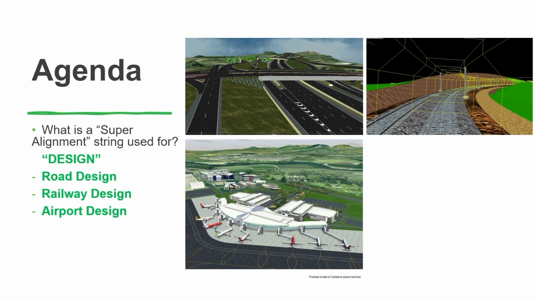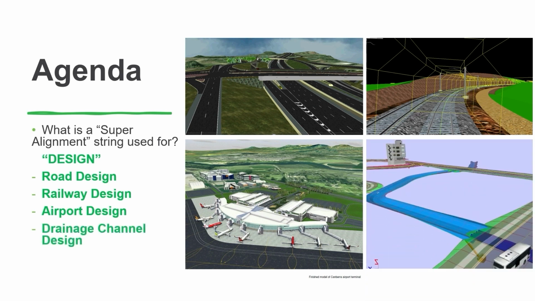In an airport design, you would have super alignments for your runways and your taxiways, and again, pretty typical there. And let's not forget the drainage people. So you may wish to have a super alignment for a channel design, for instance, where you could design the horizontal and vertical position as well. And many other instances that I haven't mentioned here.